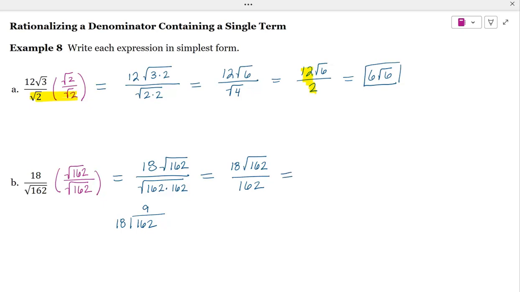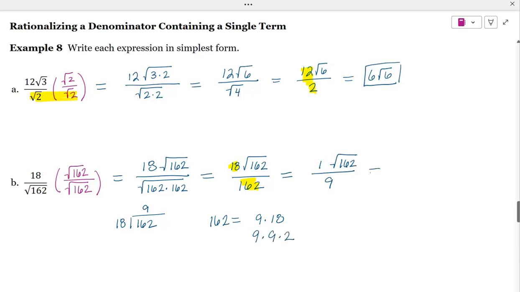So it looks like I can simplify these to be 1 over 9. So first thing I can do. But then 162, we just found out, is 9 times 18, or 9 times 9 times 2.